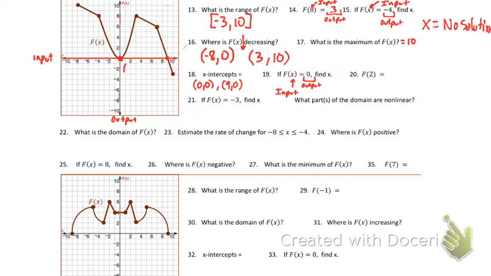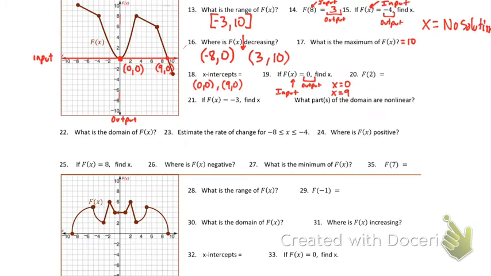So my input is 0 when my output is 0. My input here is 9 when my output is 0. So my x answers are x is equal to 0 and x is equal to 9. And once you make this connection, notice that these are also my x-intercepts here, (9, 0) and (0, 0). So when your output's 0, you're really finding your x-intercepts.